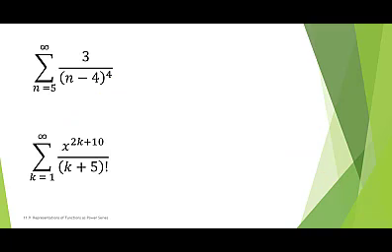In our first example, we have the sum from n equals 5 to infinity of the fraction 3 divided by n minus 4 to the 4th power. I'm noticing that the expression n minus 4 here might not be so easy to deal with. So I would like to rewrite this as the sum of 3 divided by n to the 4th power.